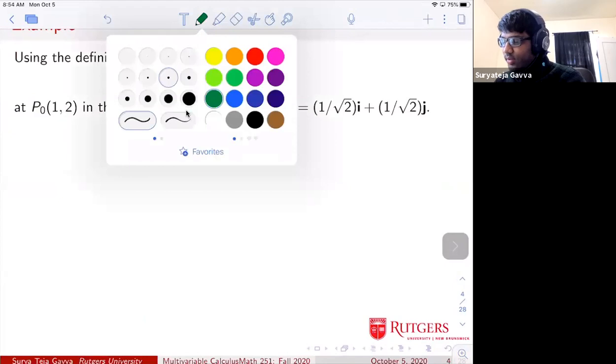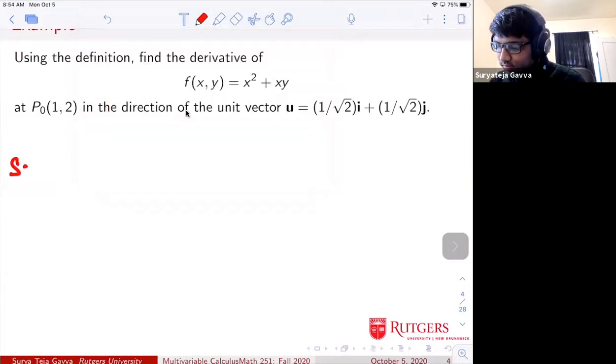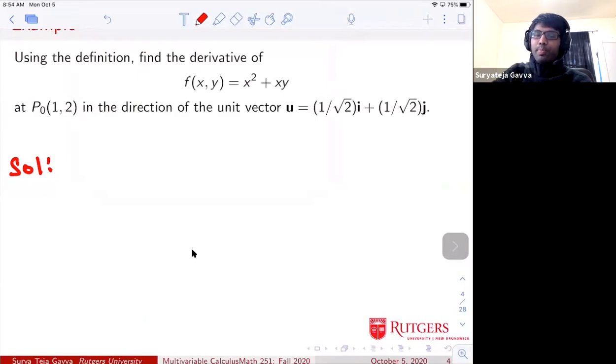So can you guys tell me how to compute this? How will I compute the directional derivative of a function f at some point in this direction? So any ideas?